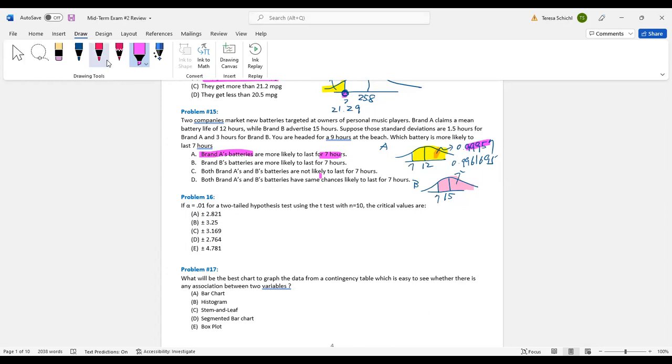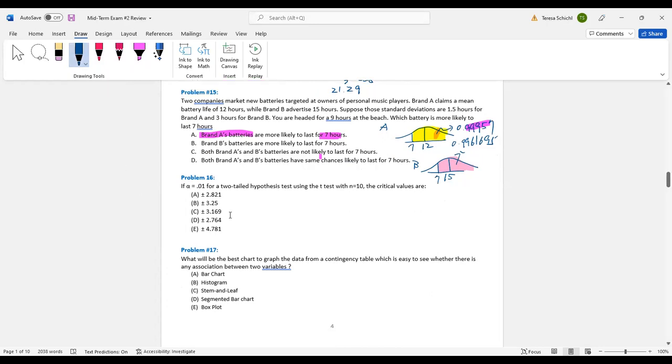Okay, so the last one for this video, maybe we do up to the 17th here. They said that alpha is 0.01 for two tails, so be careful for two tails, hypothesis testing with n equal to 10. So what are the critical values here? Okay, so let's graph it. Two tails means both tails, right?